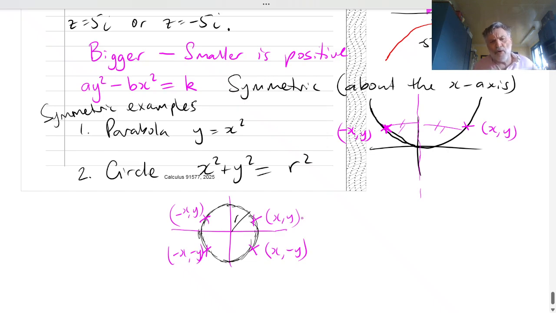So if we find one point on the circle, we automatically can find 3 more points, and that comes because both x and y are squared here. So if you take the negative of them and you square, you'll get the same thing. So any point of this form that satisfies this equation means that these other 3 points that have symmetry by reflection in the x and y axis satisfy this equation.